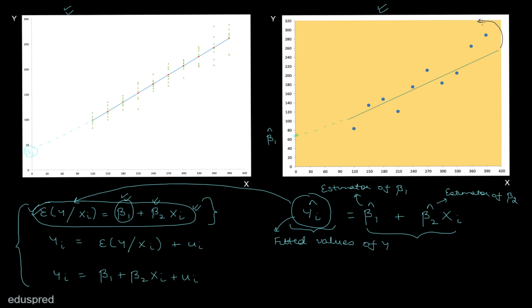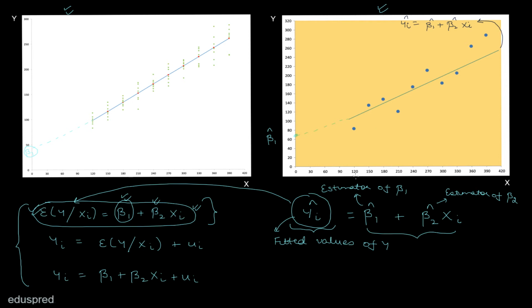So this green line that we have over here is the sample regression line, and we just discussed that the equation of this sample regression line is y hat equal to beta 1 hat plus beta 2 hat xi. Now these blue dots that you see over here are the actual y values you have. By actual y values, I mean the values that you collected as a part of your sample data.